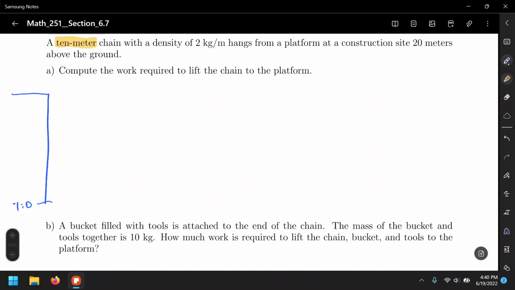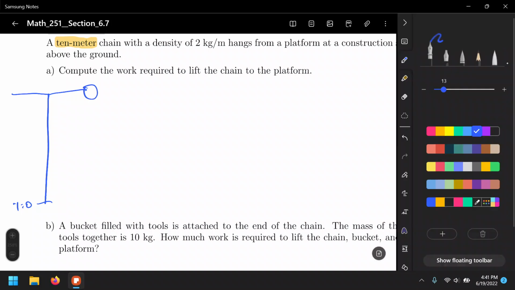So right here, let me draw like a pulley. In this case, just 10 meters, that's the length, 10 meters. And that's y equals 10 in this case.